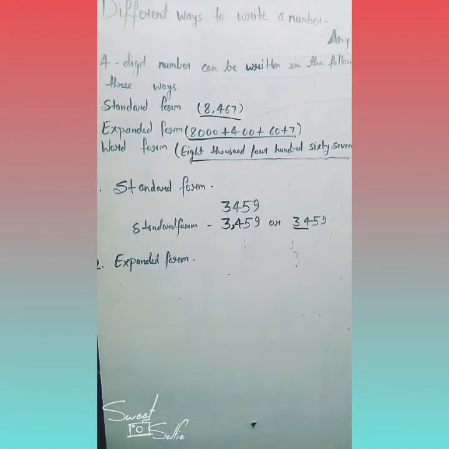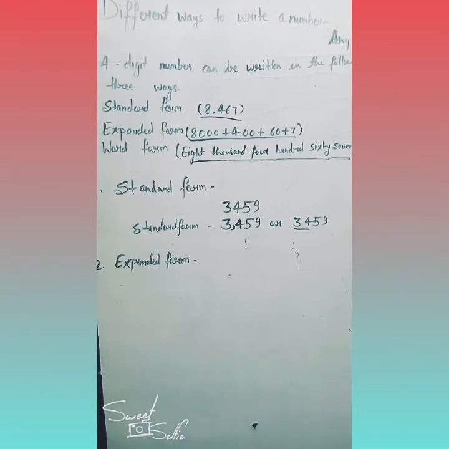Okay, next is expanded form. So my dear students, for writing expanded form it is very compulsory that you should know the place value of a digit. So you all have understood place value of a digit in the previous class.